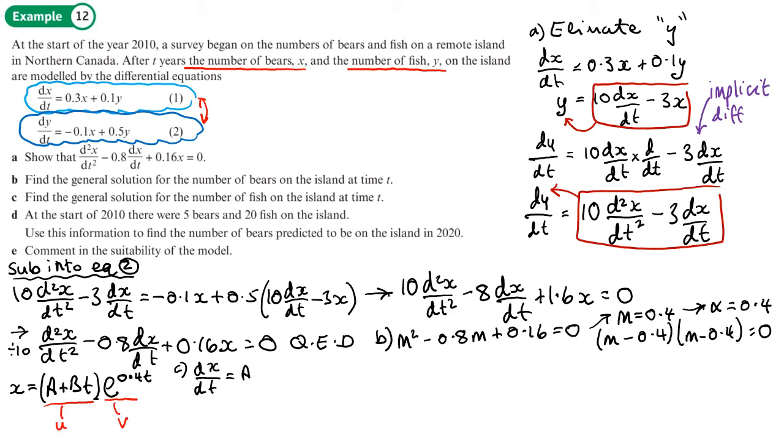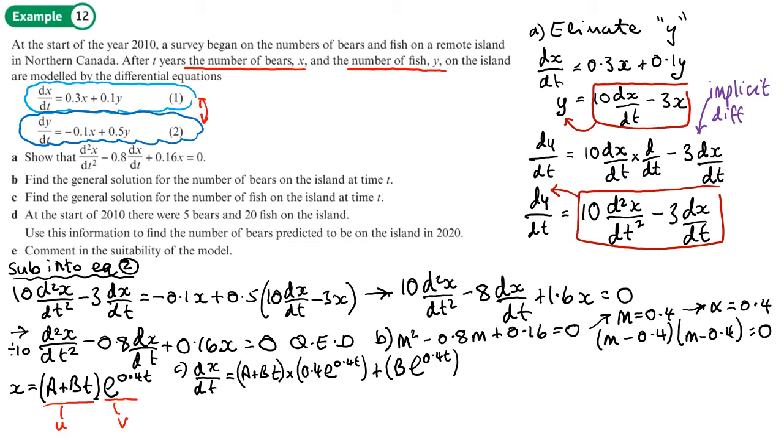So I will have a plus bt times v dash, which is going to be 0.4 e to the 0.4t plus, and then I differentiate the first bracket. Don't want to make the same mistake as I made in a previous example. That will become b, not t, times e to the 0.4t. Okay, so that's dx/dt.